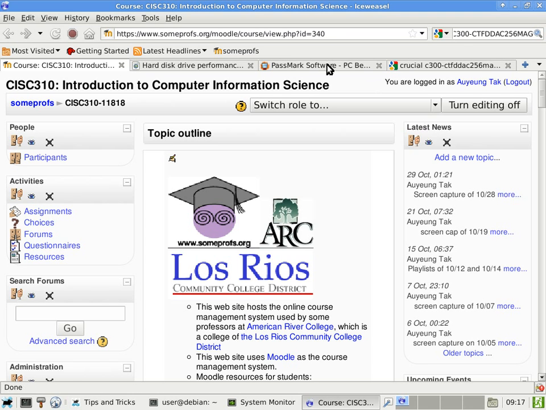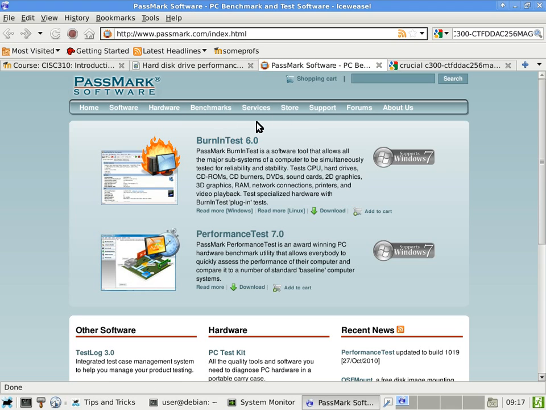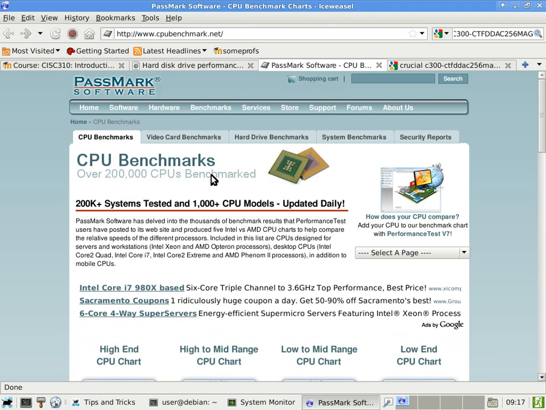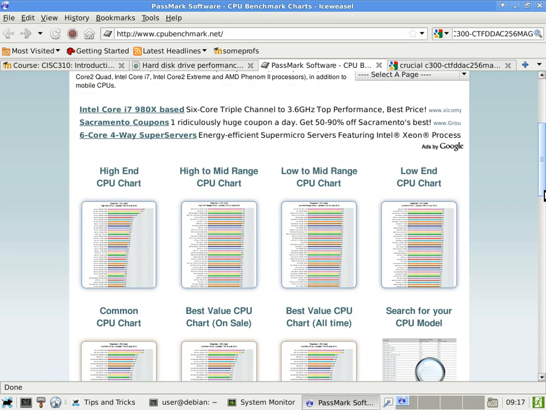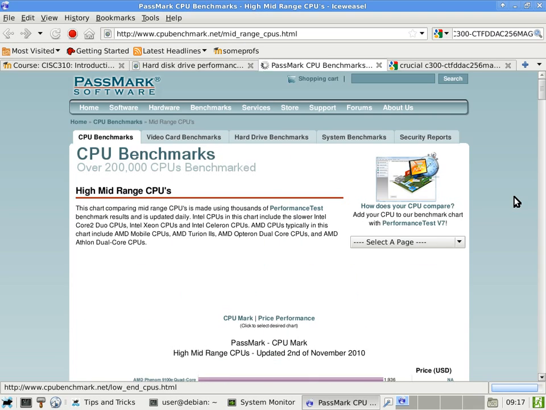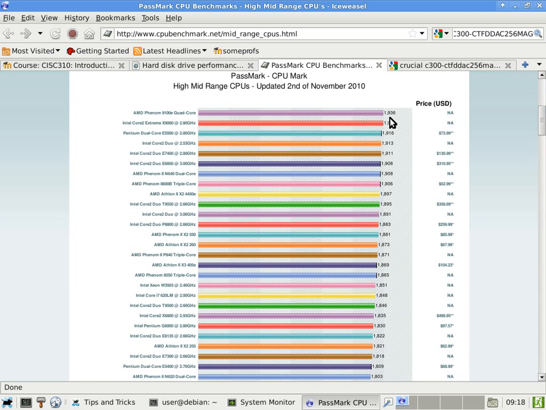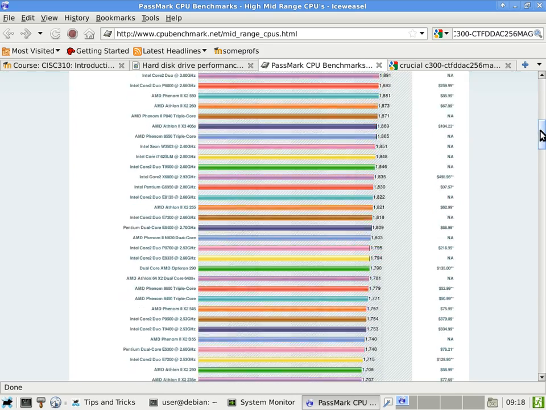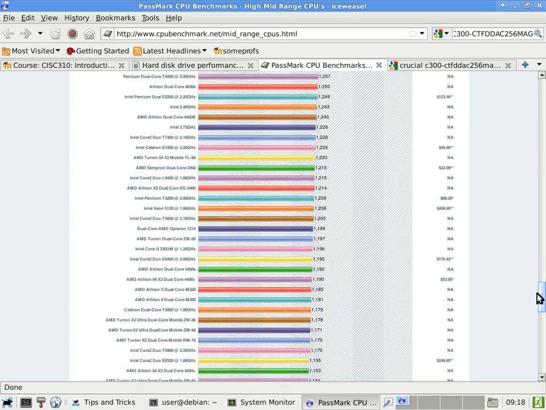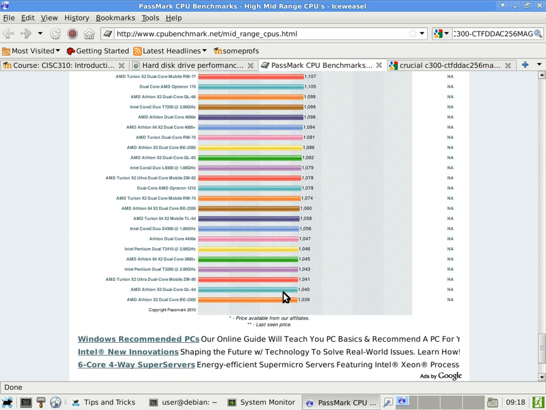Because if you look at the comparisons, a lot of times there's not really a whole lot of difference between the components. If you look at CPUs, they have high to mid-range CPUs, which is probably what most of us will be buying. You can see the highest performance one is about 2,000 in terms of the unit, and the lowest one down here is about 1,000. So basically, the top one is twice the processing power of the one at the bottom.